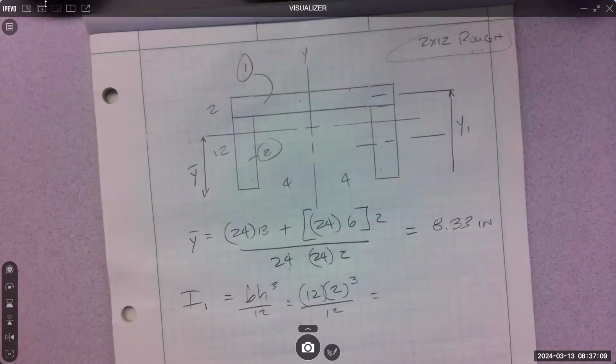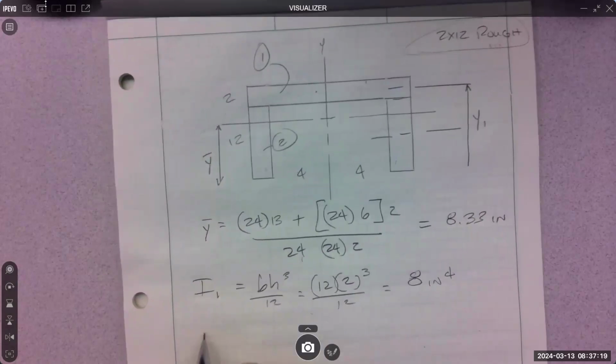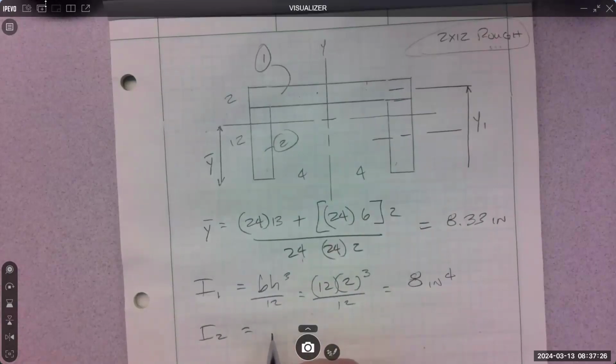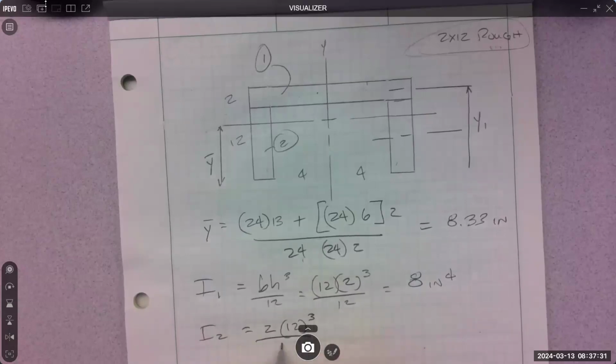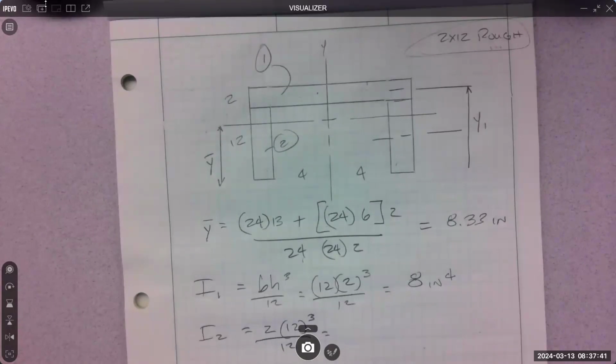Eight. I could have done that one in my head. Actually, the second one is the same thing, just reversed, where the base is 2, the height is 12. $88.